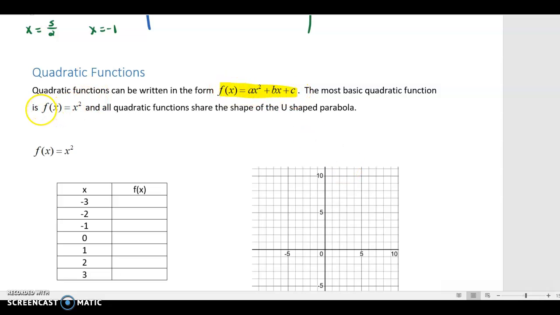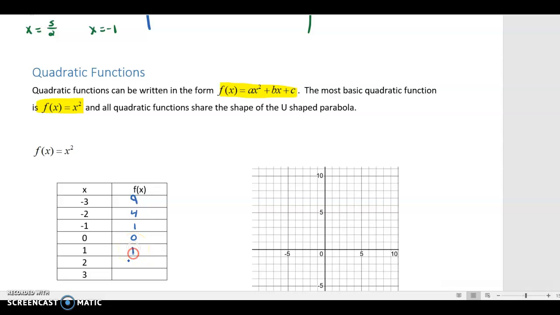And we're just going to quickly graph the most basic one, which is f of x equals x squared. So whatever we plug in, we square. My little table here has the integers negative 3 to positive 3 squared. Negative 3 squared is a positive 9. Negative 2 squared is a positive 4. Negative 1 squared is 1.